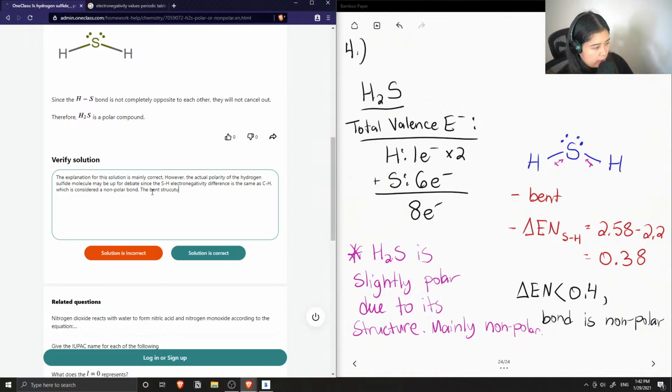The bent structure of this molecule may lead to a slightly polar molecule.